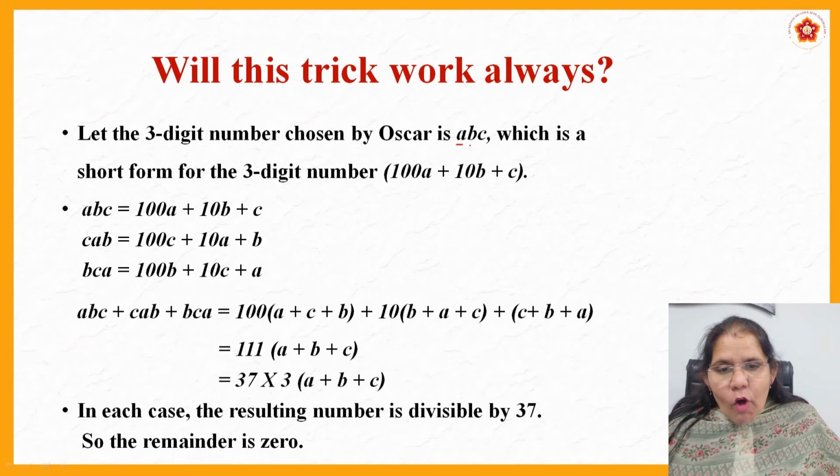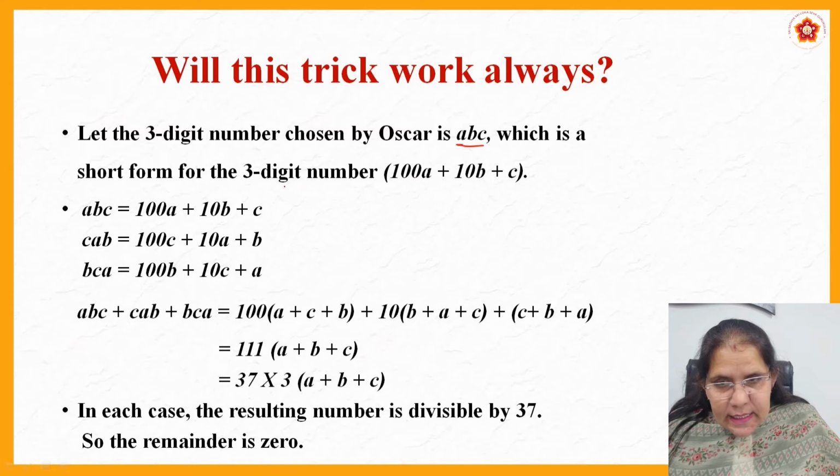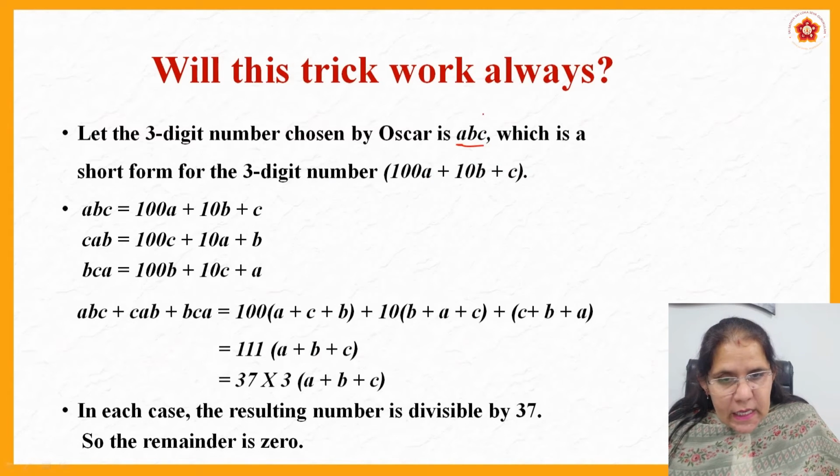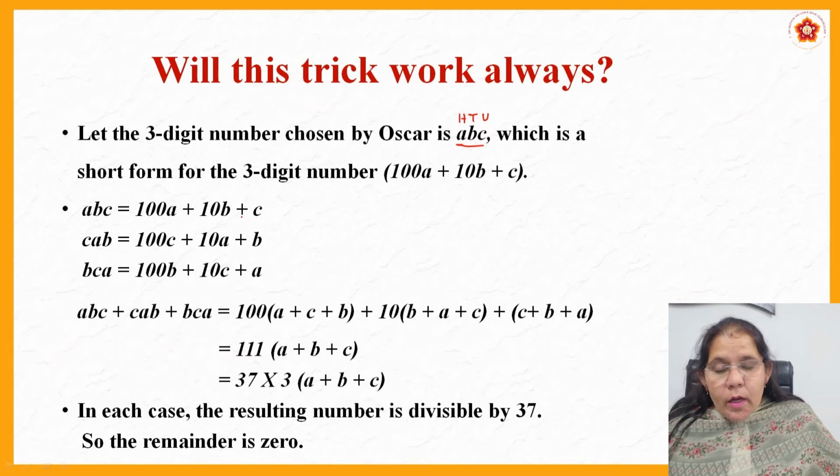Let's take the general form A, B and C, which is a short form of the digit. Well, we are writing it in expanded form, 100A plus 10B plus C, because C is at the units place, B is at the tens place and A is at the hundreds place. So we have to shuffle the digits.